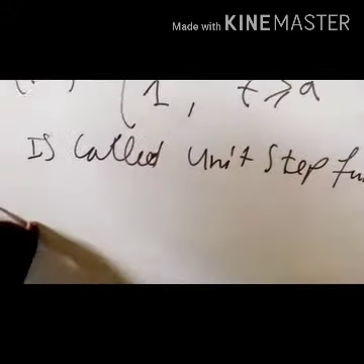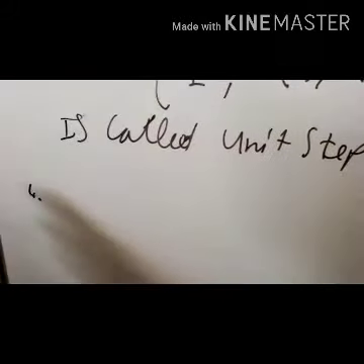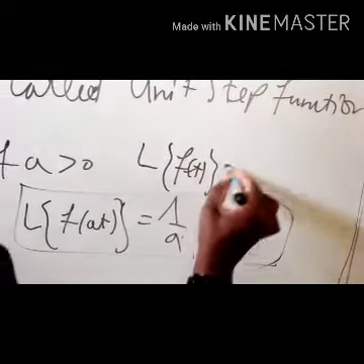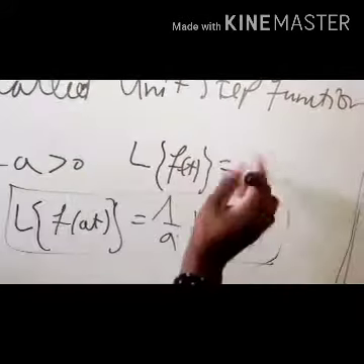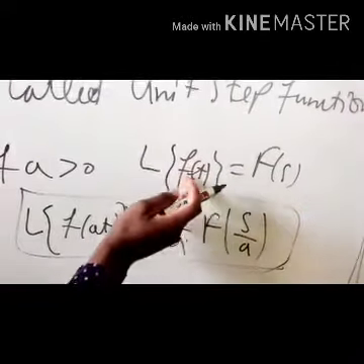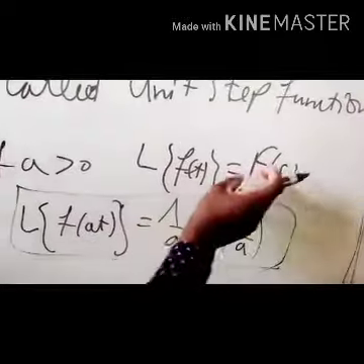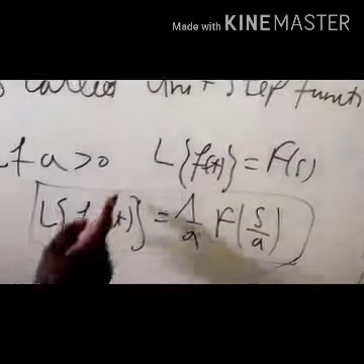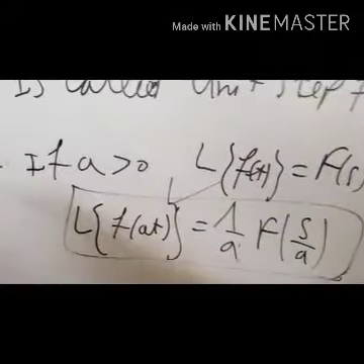There is another rule: if the transform of f(t) is F(s), then the transform of f(at) is equal to 1 over a times F(s over a). This is our formula to use.